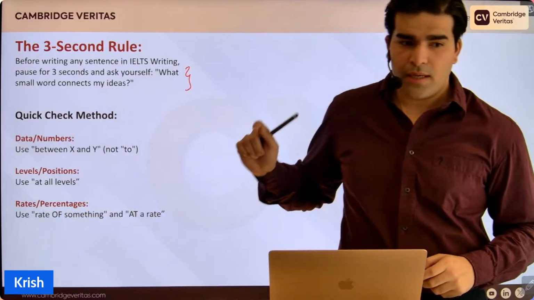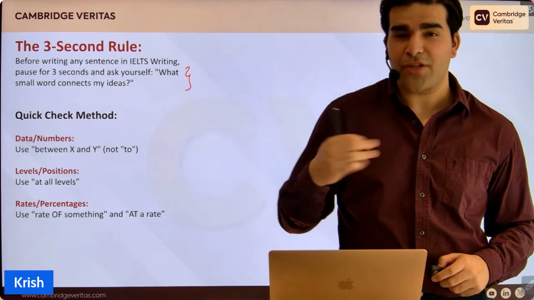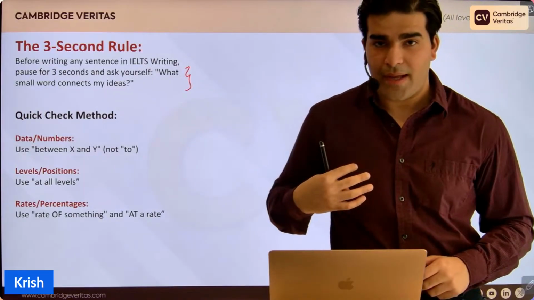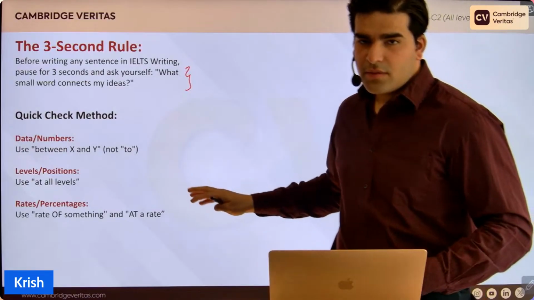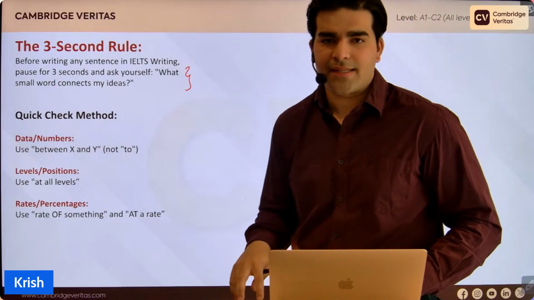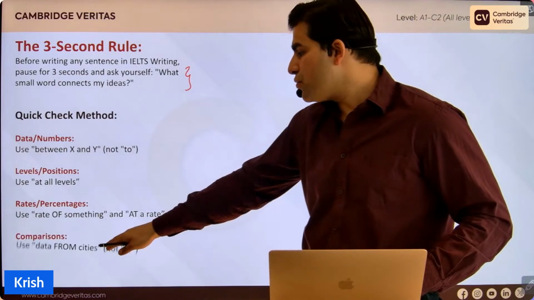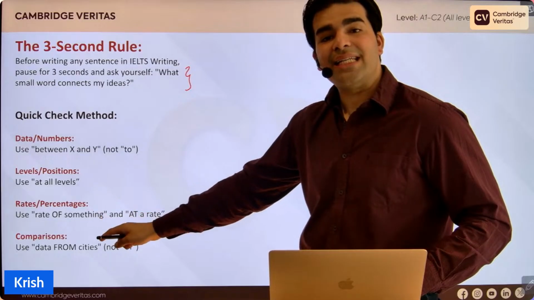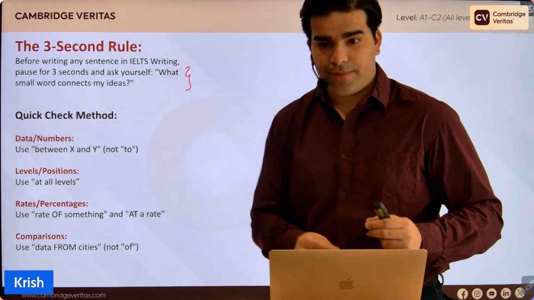But what if you're comparing two things? Imagine you're comparing your height and my height. I'm 6 feet tall, and your height, whatever. Or for that matter, you're talking about the source of something. I think that'd be a better example to give. So always use from when asking where the data came from, not of.